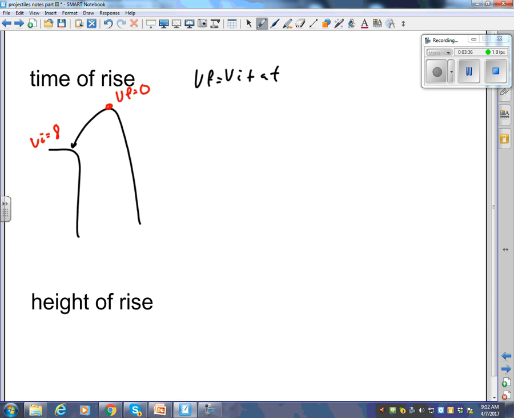And that final velocity, vertical, is 0. And that initial is 8. Acceleration of minus 9.8 times t. So t is going to be minus 8 over minus 9.8, or 0.82 seconds.